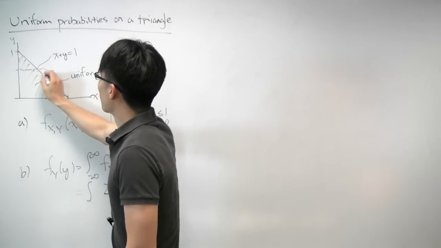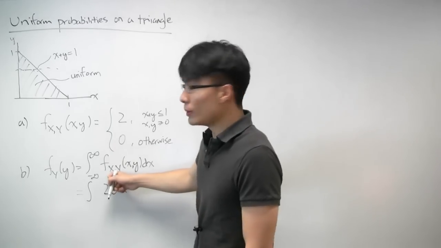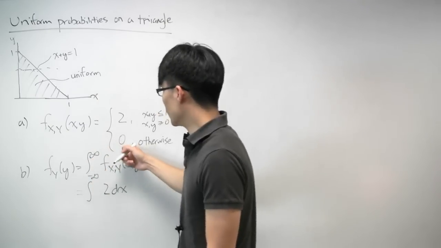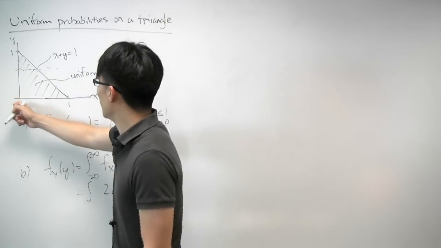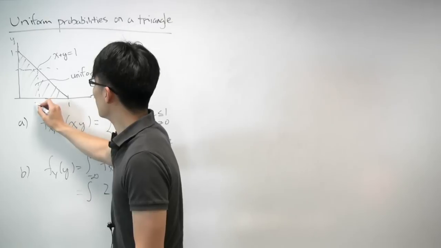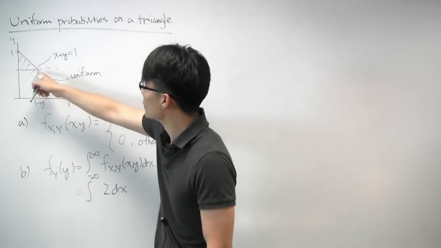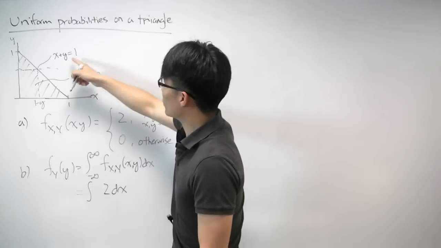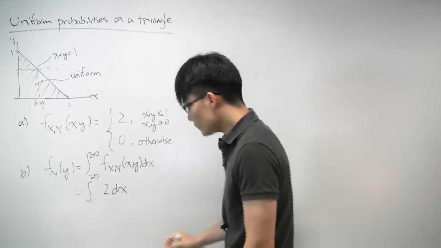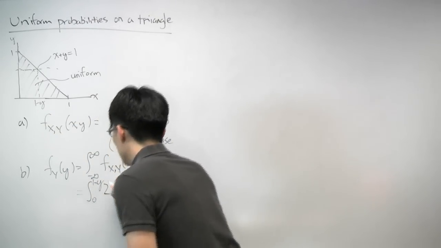What are the values of X such that the joint PDF for that value of Y is actually non-zero, actually 2? Well, it's everything from x equals 0 to whatever x value this is. But this x value, if you think about it, is just 1 minus y, because this line is x plus y equals 1. Whatever y is, x is going to be 1 minus that. And so the correct limits should be from 0 to 1 minus y.